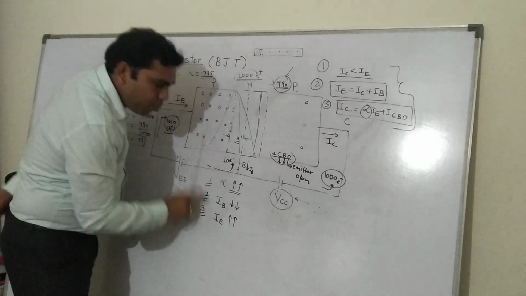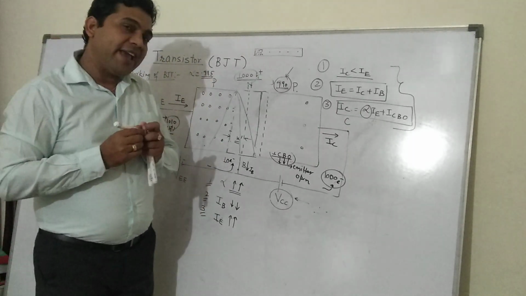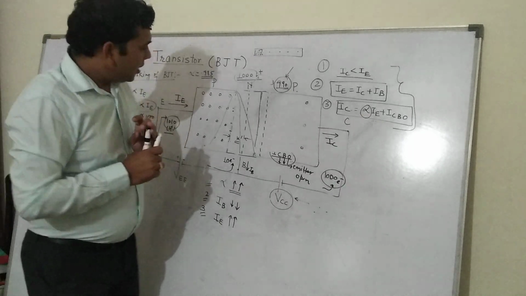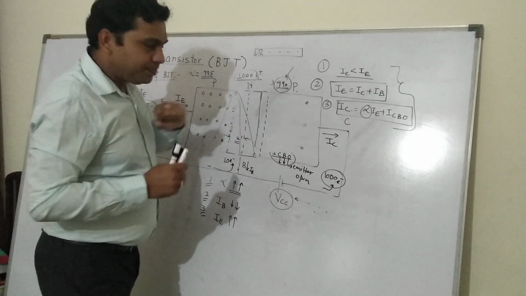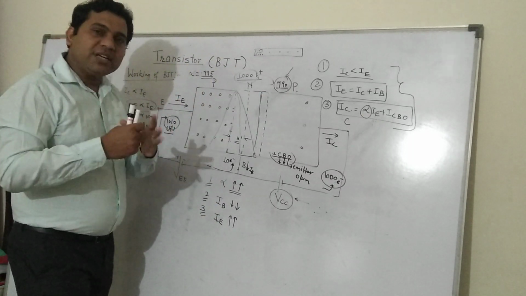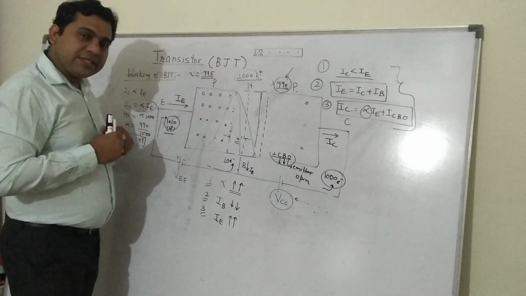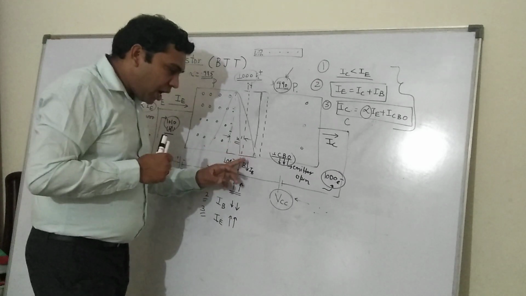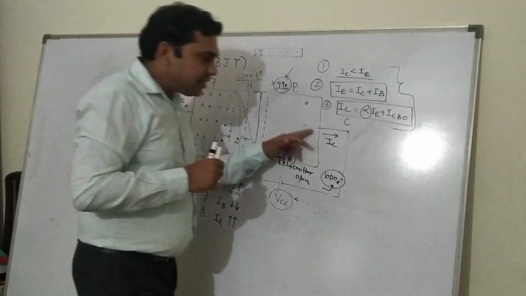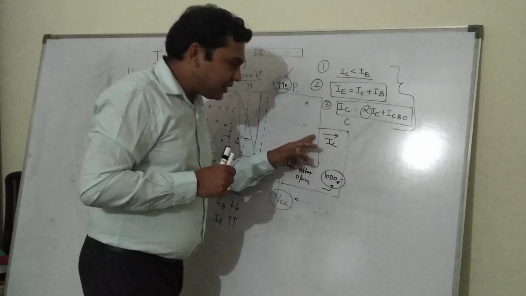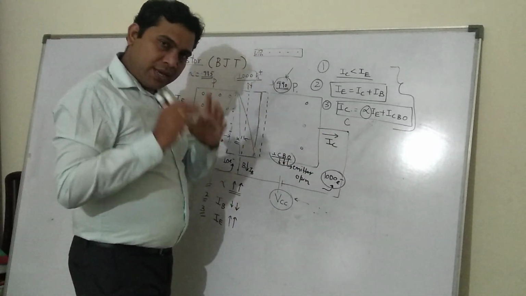This is also very important. So what we have studied till now, we have a transistor. We have understood the different currents. So the IE flowing into the transistor, IB flowing out from the transistor, IC flowing out from the transistor.